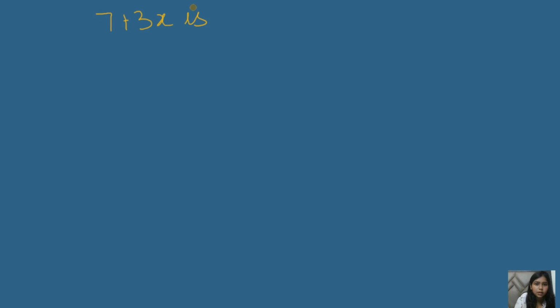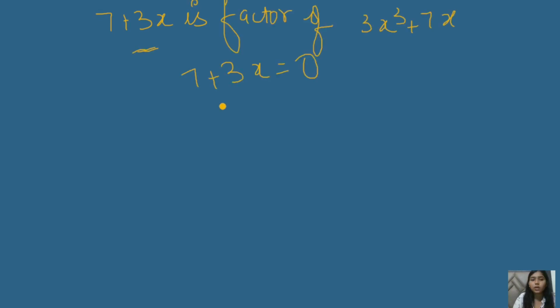Okay, let's check this. So basically, if it is a factor, put this divisor equal to 0 and get the value of x. The value of x came out to be minus 7 by 3.